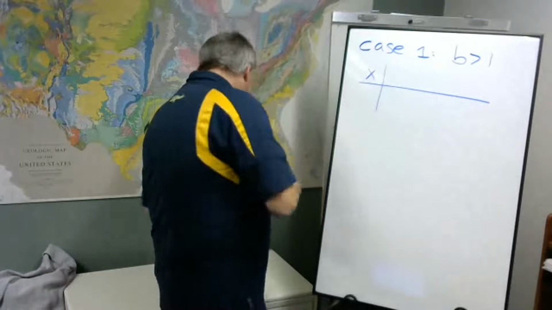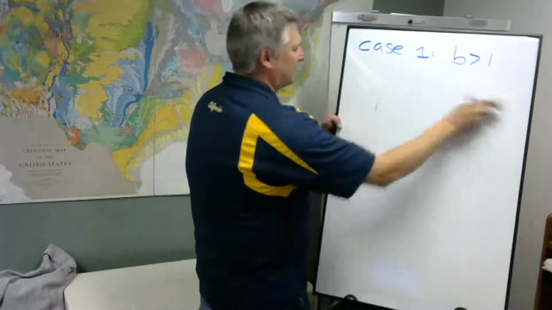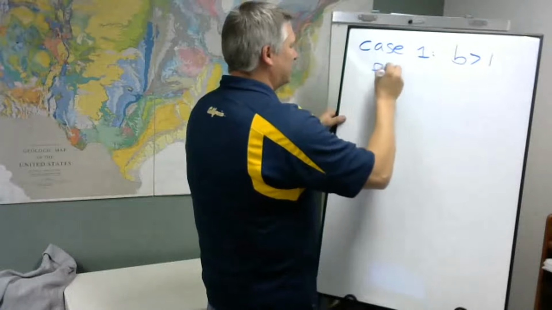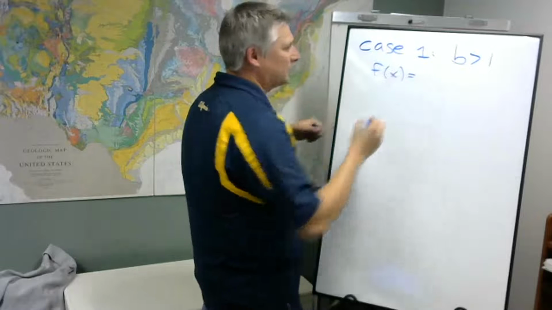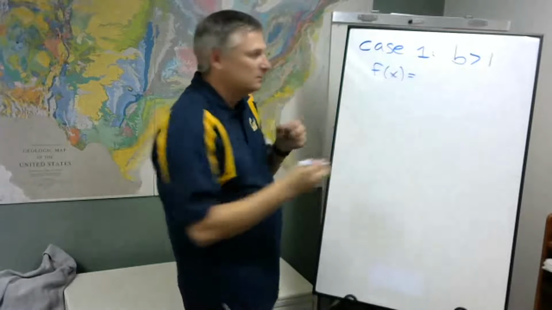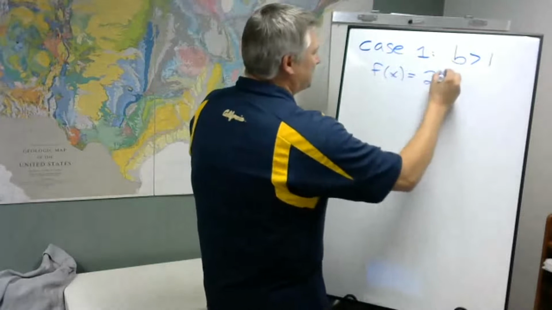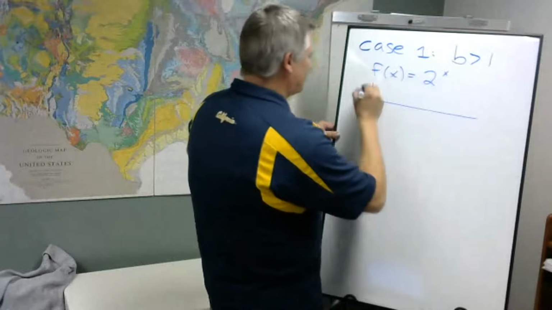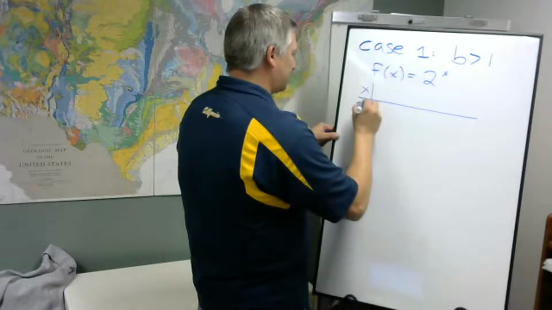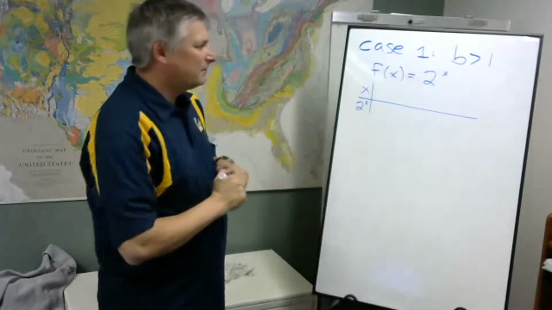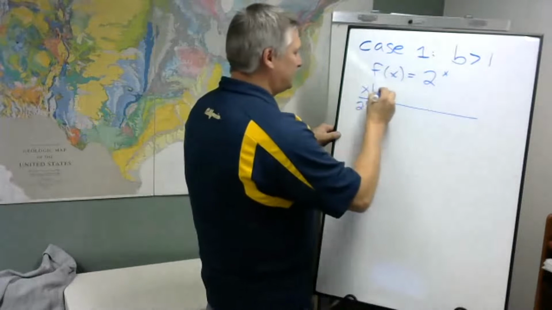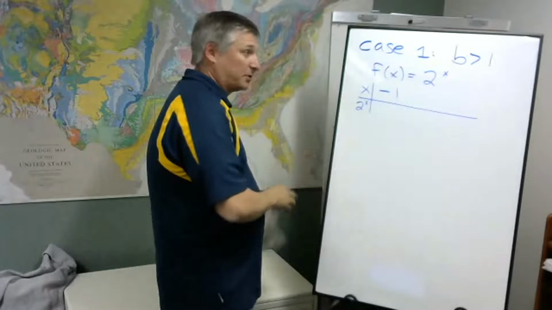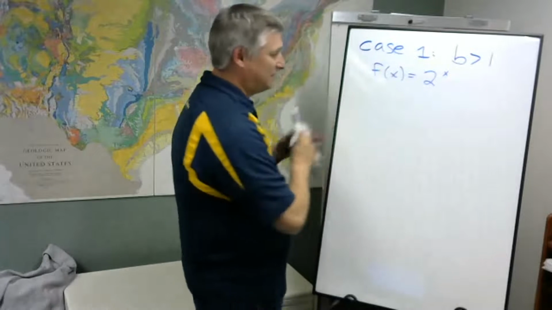Let's use an example. Let's say our f of x. We need b to be greater than 1, so let's let b be 2. Let's go with 2 to the x. Now let's graph this. A trick here is to use 3 particular points.